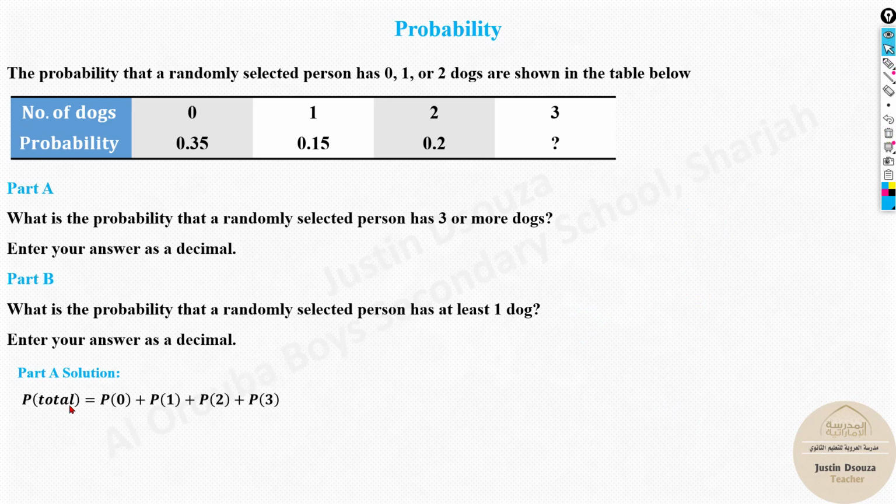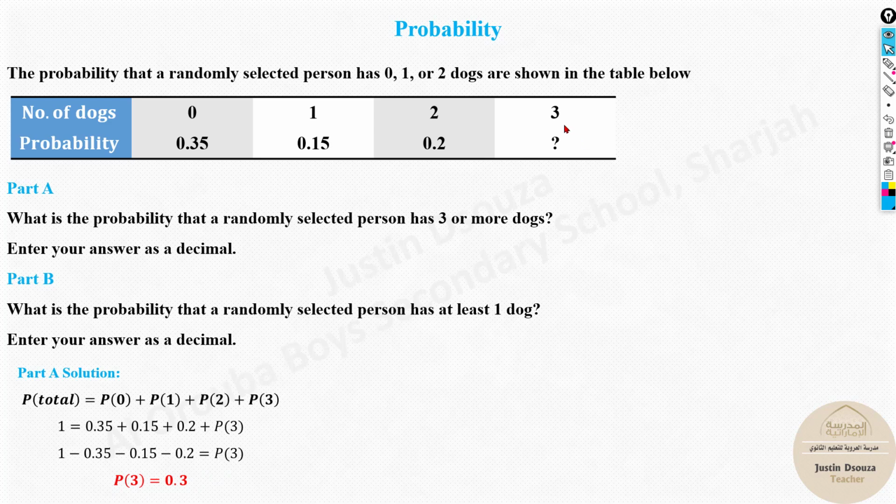So what is the total probability? It is 1. The probability of 0 dogs is 0.35, 1 is 0.15, 2 is 0.2, and this is unknown. But that is fine, because we can find it now. All you need to do is take everything to one side and solve it. So you will get 1 minus 0.35 minus all these three terms, that is equal to the probability of 3, and the answer is 0.3.